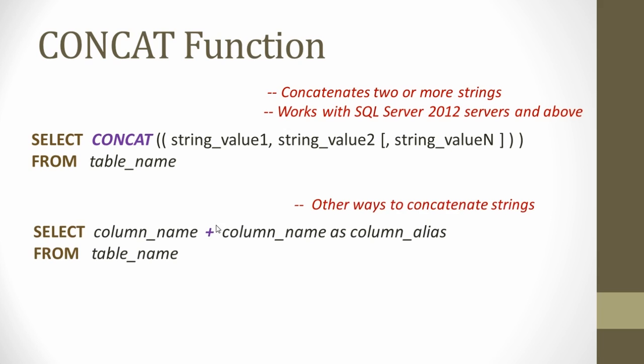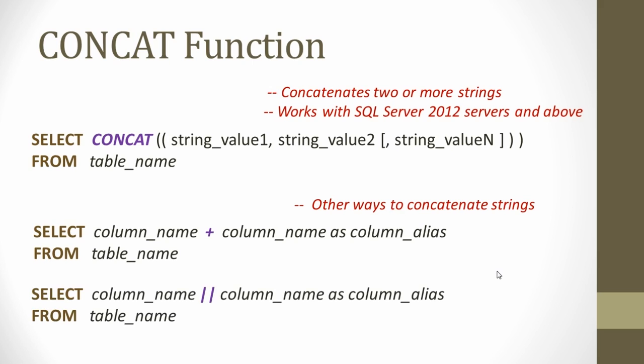Other ways is you could use the plus sign, which is what we already dealt with, but we could look at some examples again. Now these two parallel lines are something that certain systems or programming languages use, but this doesn't work in SQL. So only the plus sign works right now for my case.